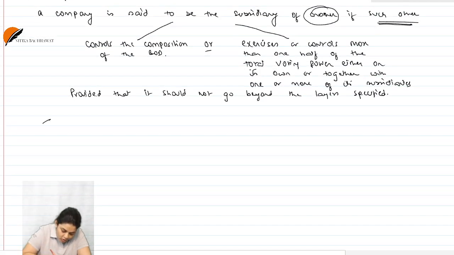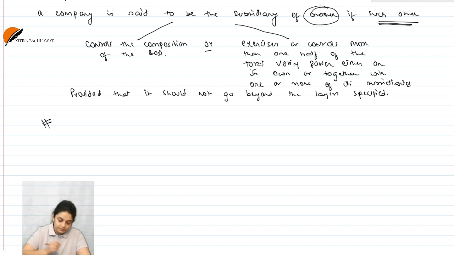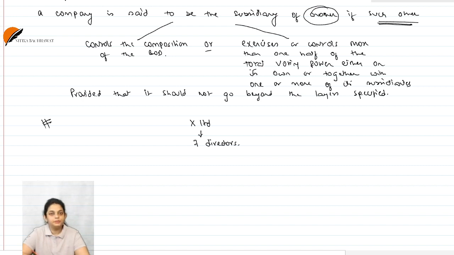I'm going to give you a lot of examples here. So please try to understand each example very carefully. Let's say X Limited has 7 directors, right? X Limited has how many directors? X Limited has 7 directors, correct?